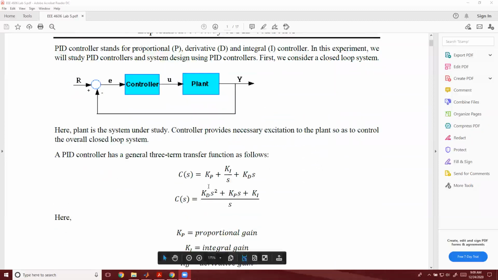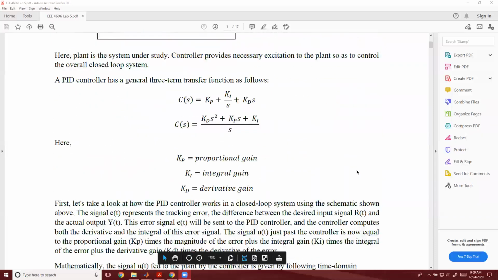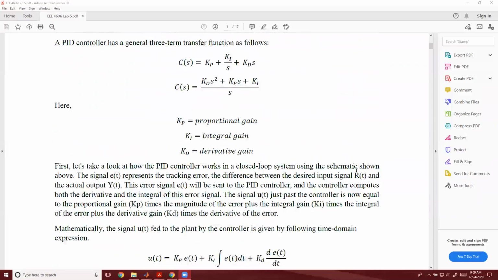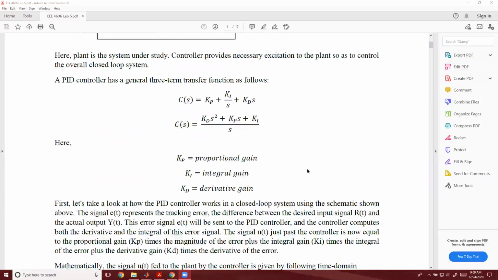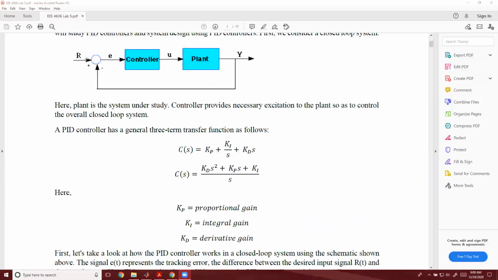If we simplify this, we get something like this, right? We divide everything by S. So what actually happens is we put an input into this summation block, and the output that we get at the end is brought back to the input through feedback, and it's subtracted from the input, and we get an error signal.